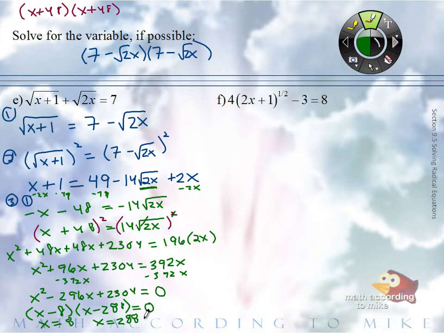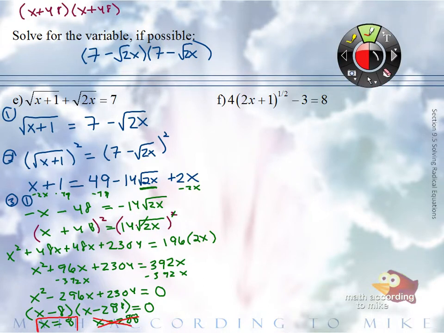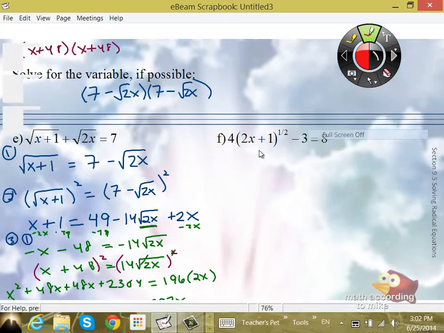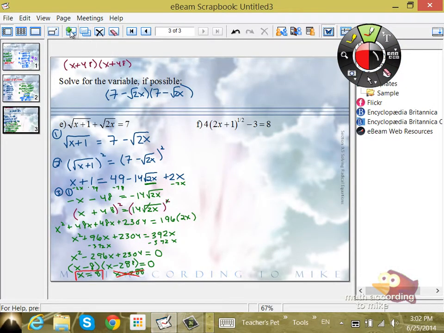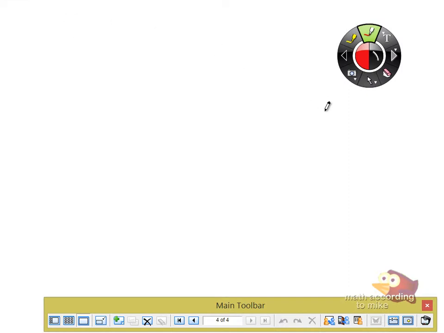If you check it, 8's okay, but not 288. All right, that one was ridiculous. Let's do a more likely example. Let me add a page. We'll work on this one.